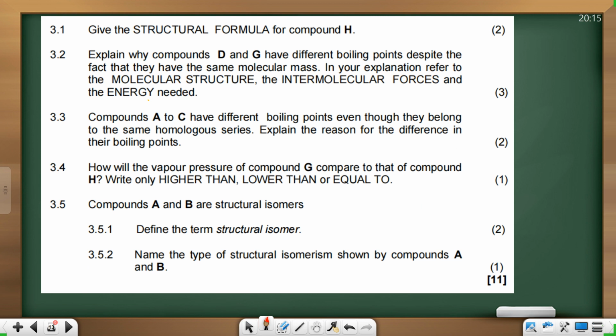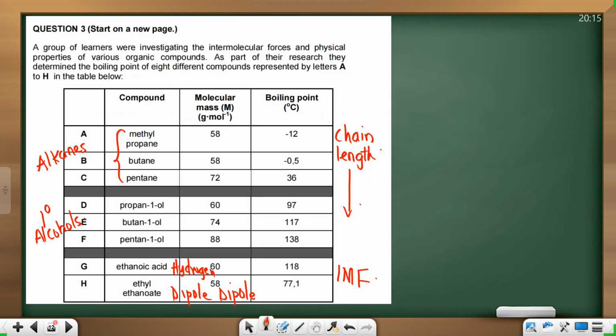Give the structural formula for compound H. What is compound H? Ethyl ethanoate. I'm going to ask you to please quickly draw, because we are going to mark now. Draw, and you would mark yourself, but draw. Ethyl ethanoate. I'll give you 30 more seconds to draw.